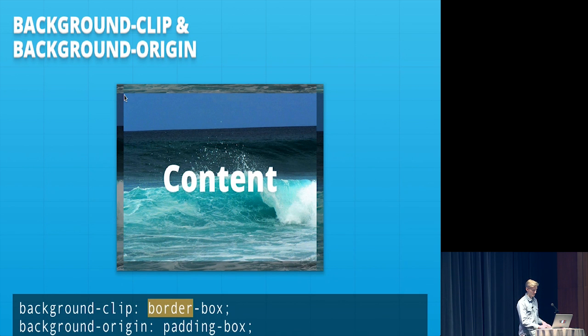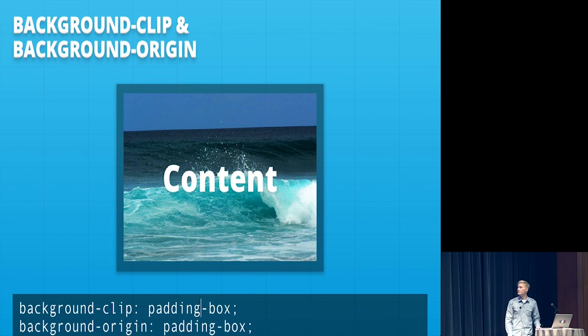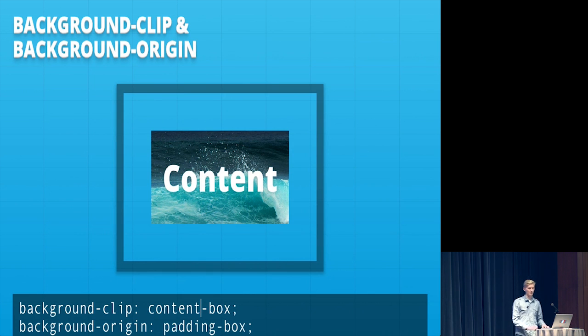And well, that's kind of sad that the background is still repeating underneath this border. So we could just type padding box here, and now it's kind of better. So we can now see through the actual transparent border. And we can also use content box to clip it to the content. So there's padding inside the element, and now it's not visible on top of the padding either.